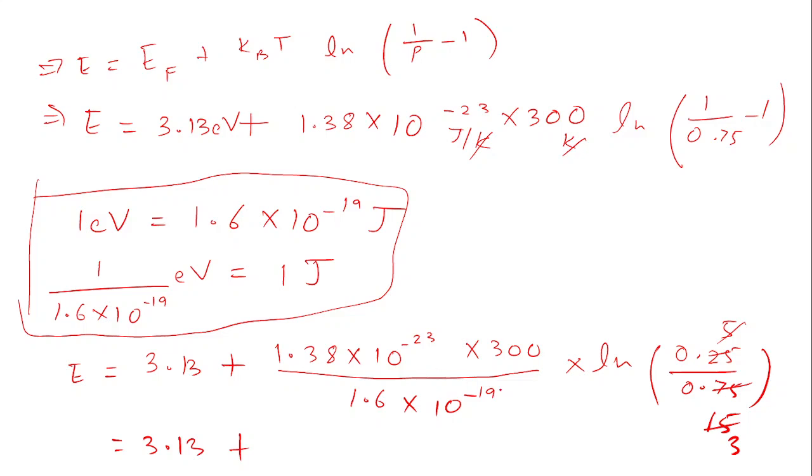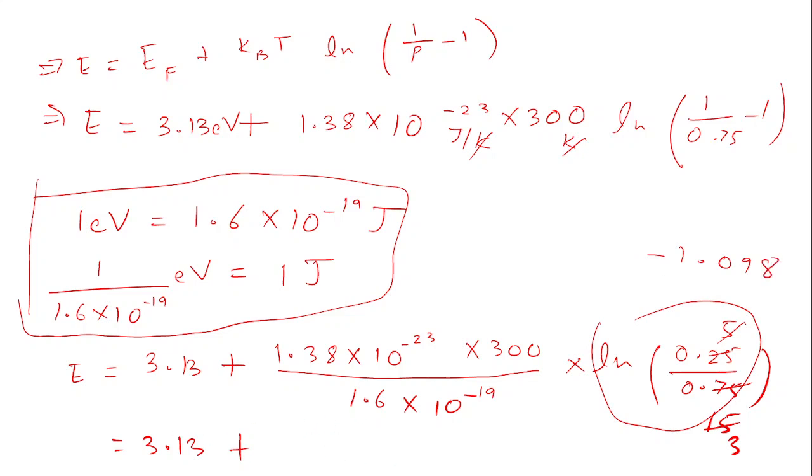Okay, so this will be 3.13. Then we will calculate this with this. Natural log of 1 by 3 will be minus 1.098.